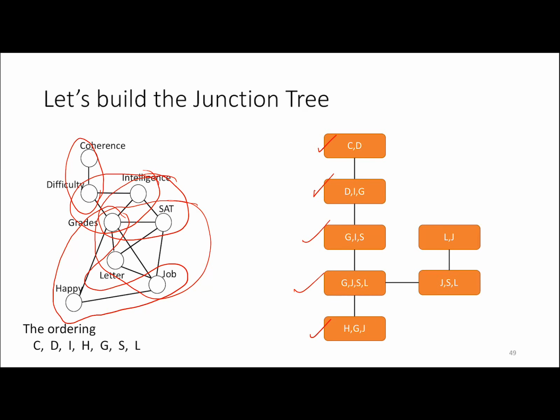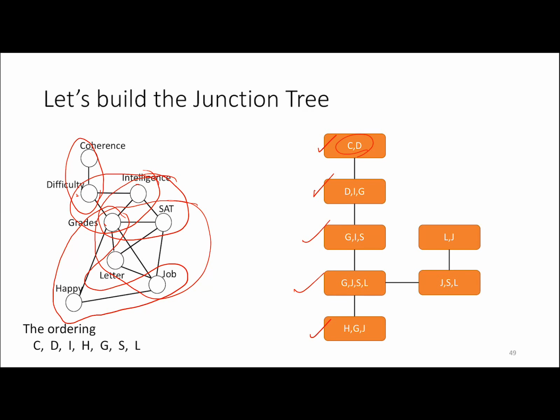So these are our clusters. These are the clusters of the factors that are connected to each other. The first one involves C and D. The next one involves D, I, and G, and so on and so forth. When I'm connecting them, whenever there are two clusters that share some random variables, I just connect them. So C and D are connected to each other.